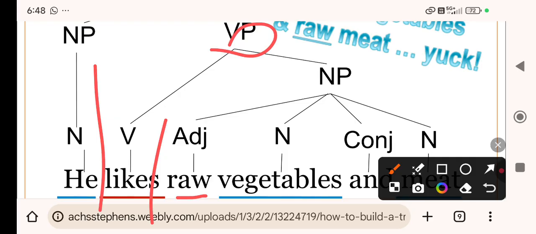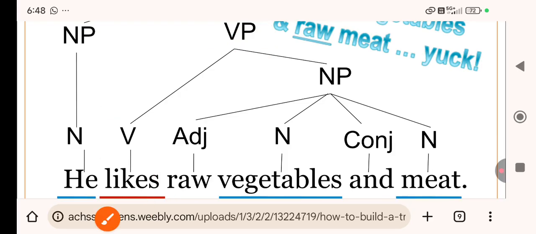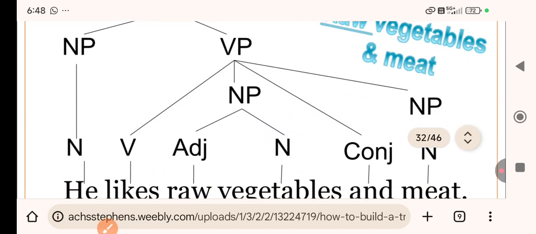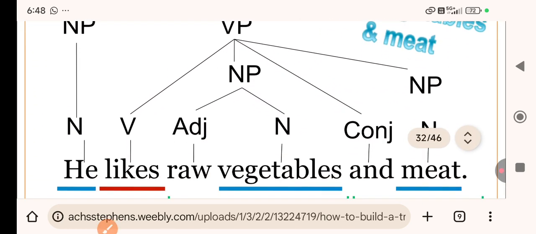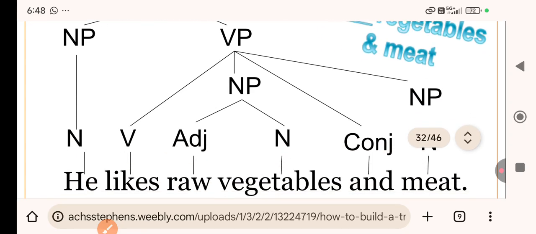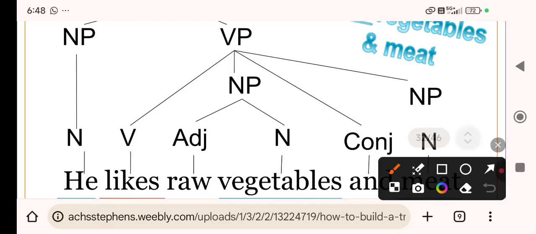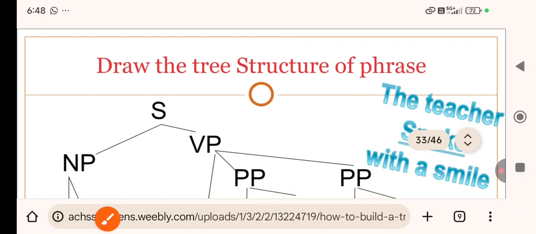Then raw, then noun, vegetables, conjunction and meat. Simple. But there is another way also: he likes raw vegetables, that's easier, right? Noun phrase raw vegetables, conjunction and then meat.